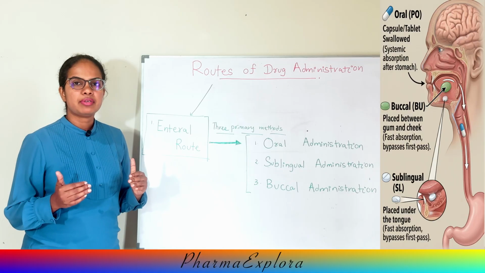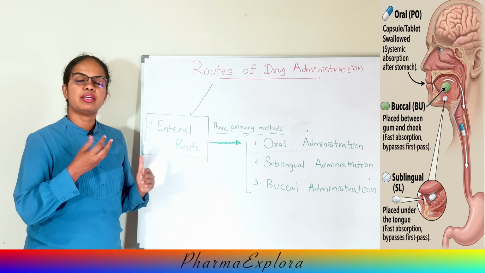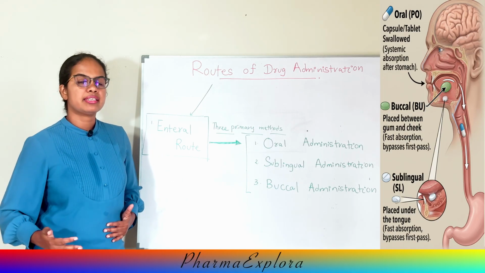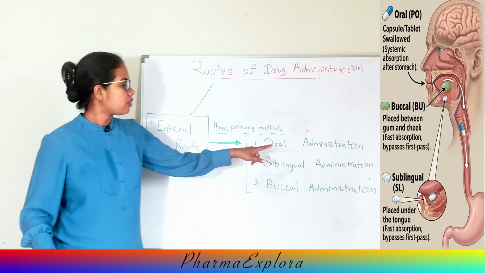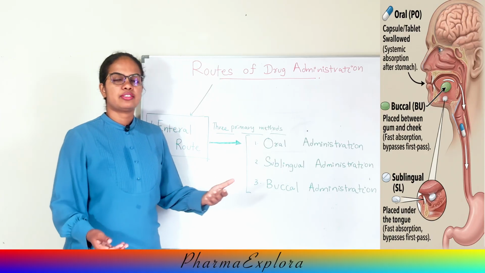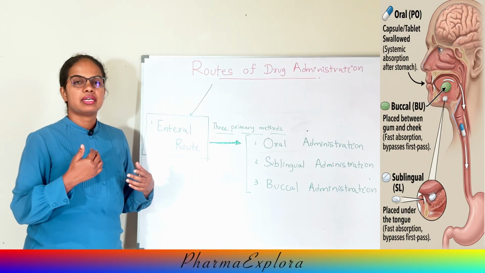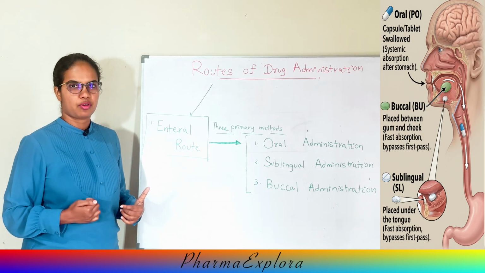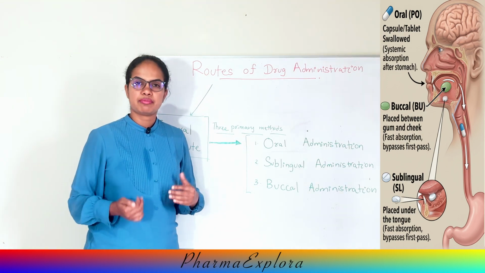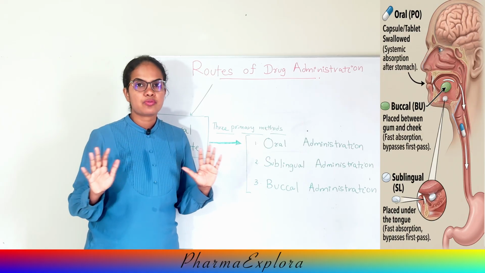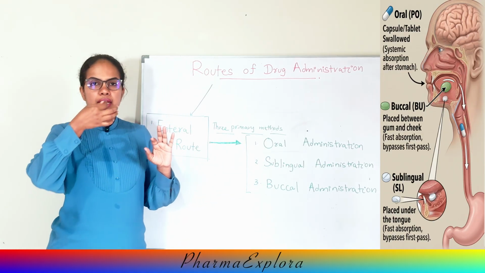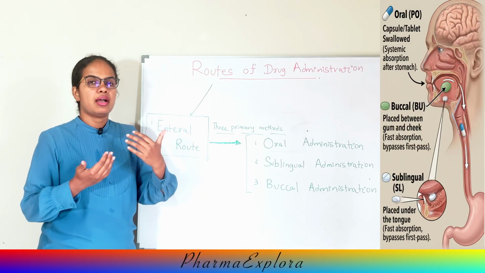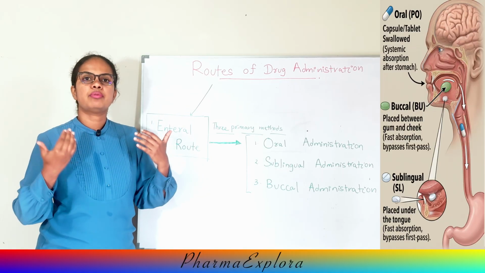Oral administration is when you swallow the tablet or pill and it travels down to your stomach and intestine to get absorbed. Sublingual administration is when you don't swallow the pill, you keep it under your tongue until it dissolves and absorbs completely.